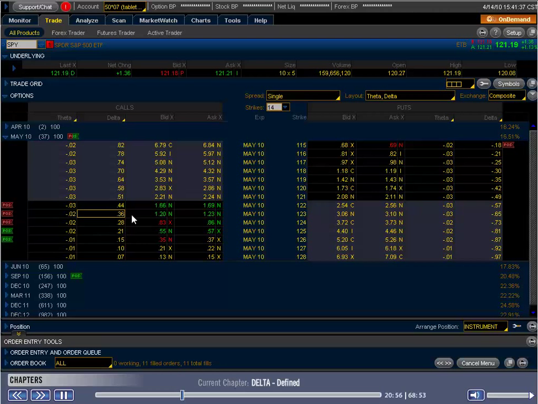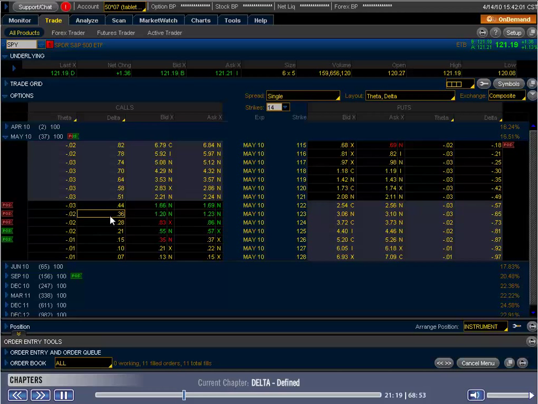Now let's take it a step further. When you go out and trade options, options are quoted on a per share basis, but you can't buy one share, you've got to buy a contract. Now we're back in options 101, pretty exciting for you guys. If we buy one contract, this option doesn't trade for $1.20. One contract costs you 120 bucks. However, what is critically important here is simply this.